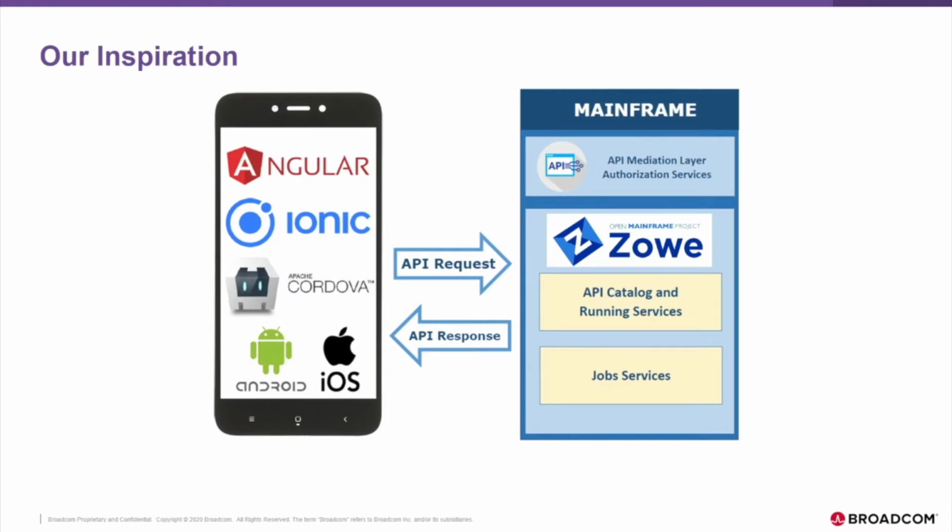And for the mainframe side, we used the authentication service of the Zowe API mediation layer. We also used the Zowe API mediation layer to dynamically discover z/OSMF REST APIs as well as the z/OS services that provided the core functions we needed. In this case, we mostly used the job services found in Zowe for the mobile application.